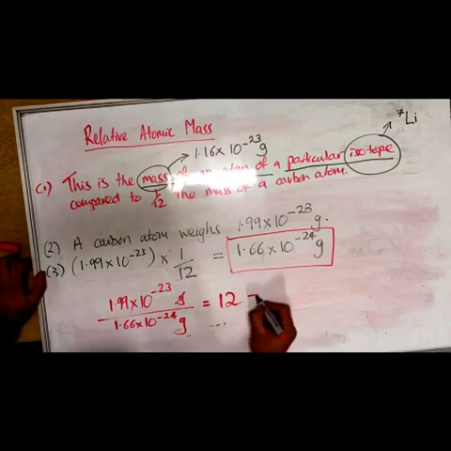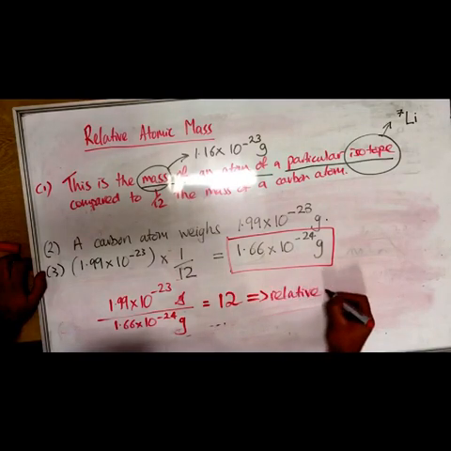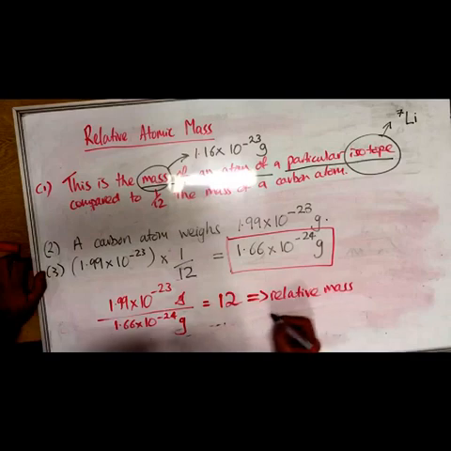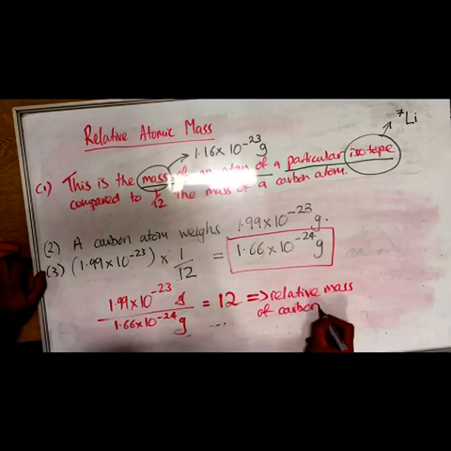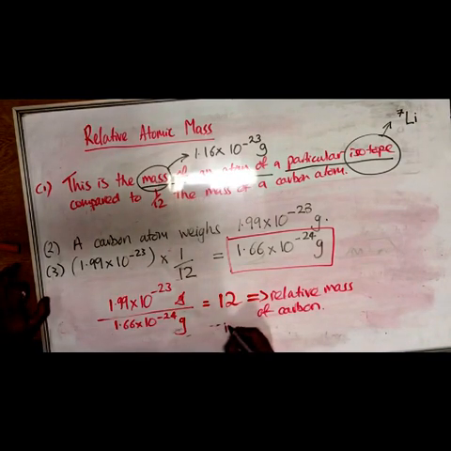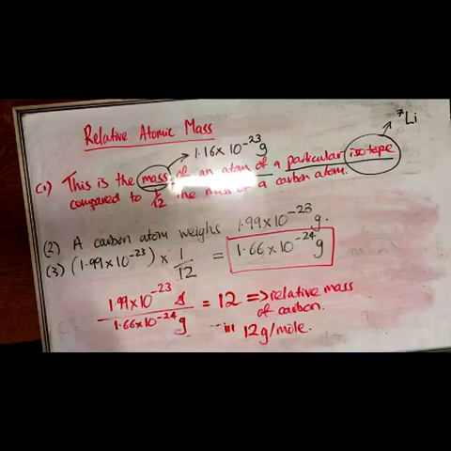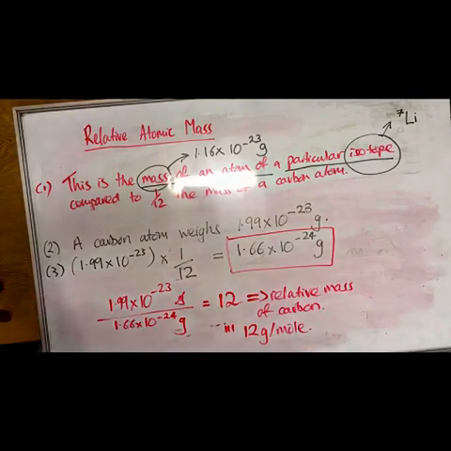But that is the relative mass of carbon. Now, if you wanted to know the molar mass, if you have a mole of them, it would be equivalent to 12 grams per mole. And that's where the relative atomic mass actually comes from. Not too difficult, you just need to be up on your standard form.